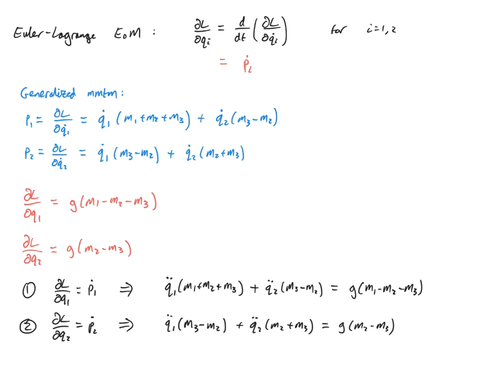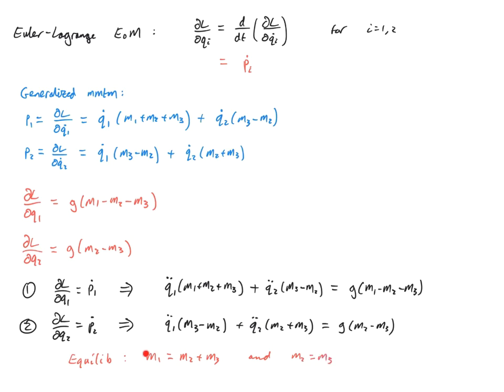The setup that I've given here is actually quite a nice way of setting up the problem in terms of these generalized coordinates, because it's quite obvious from looking at these expressions that we have an equilibrium condition when m1 is equal to m2 plus m3 and m2 is equal to m3.